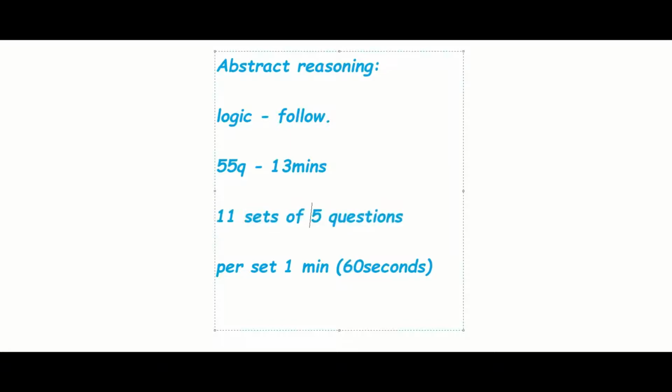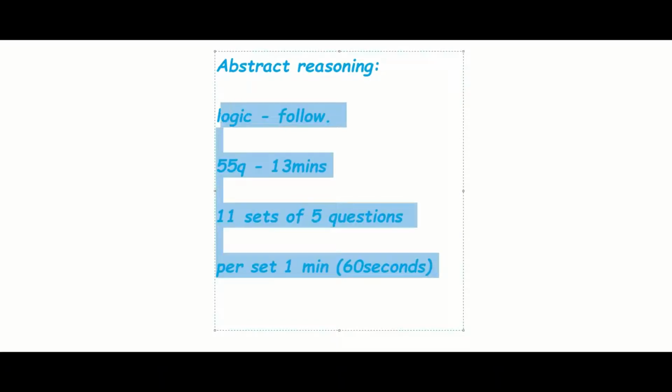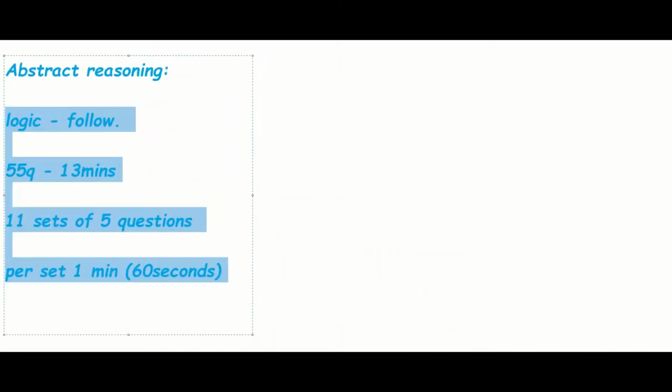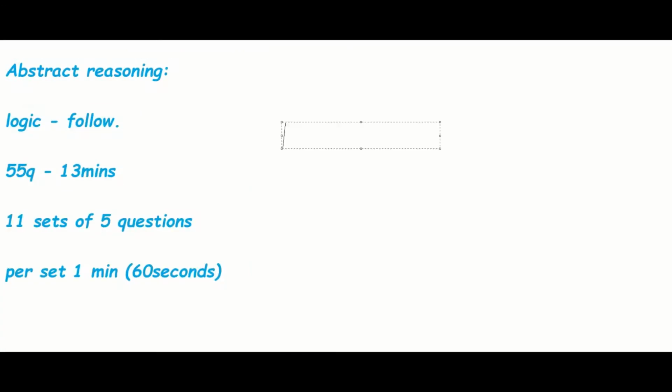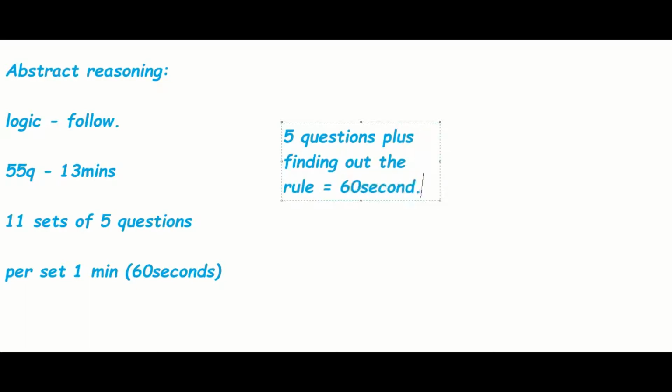So you have 5 questions. Pause the video or take screenshots, take notes, do whatever you want. This means that for 5 questions plus finding out the rule, you have 60 seconds.